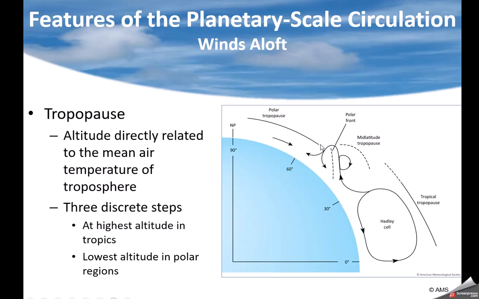In between where we live, where fronts occur, this tropopause can go up and down, particularly following with a cold front or a warm front with low pressure. So it's interesting the fact that the tropopause is higher down here by the equator and lower up here by the North Pole. And in between, it oscillates.